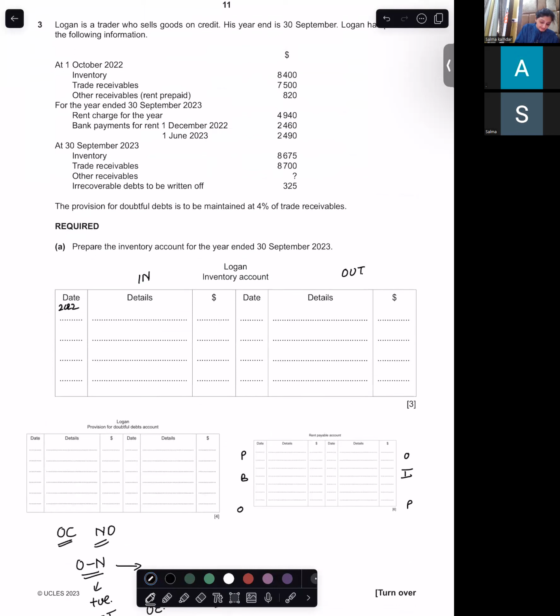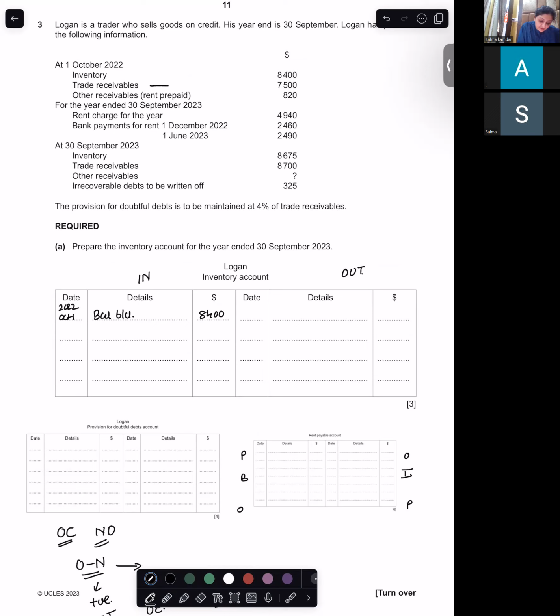Keeping all these formats in mind, we will read and feed in. 2022 October 1 inventory opening balance. So I'll write the balance brought down.